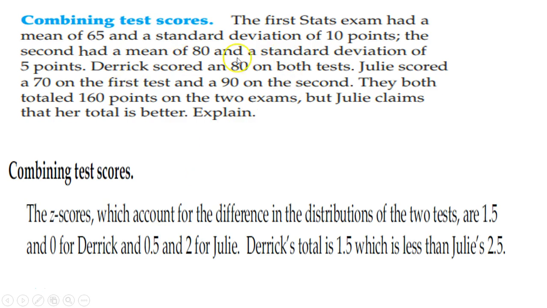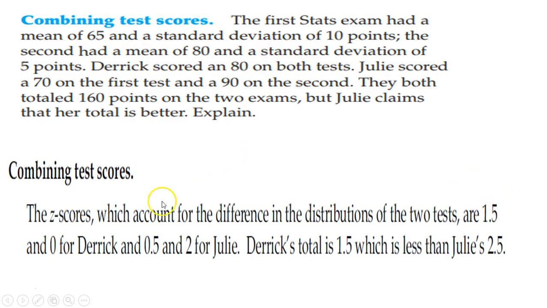So the first stat exam had a mean of 65 and a standard deviation of 10, and he scored an 80. So you take that 80 minus 65, divide by the 10. That's why on his first test he was 1.5. The second test had a mean of 80 and a standard deviation of 5, and Derek scored an 80 on both tests, so it would be 0.